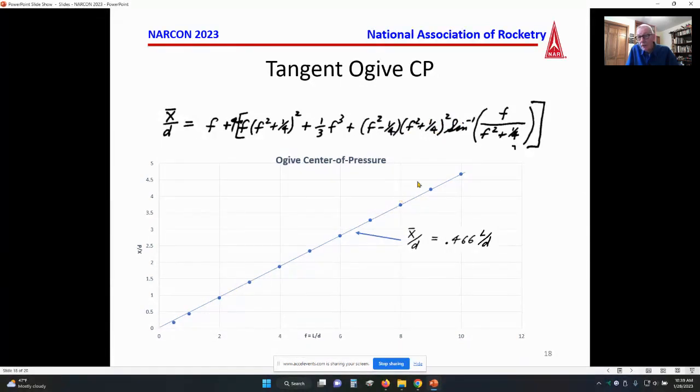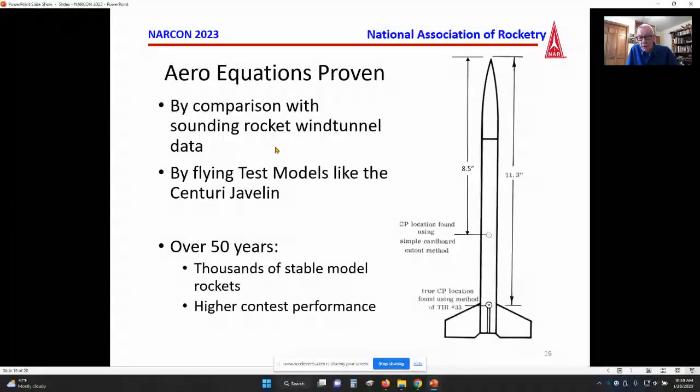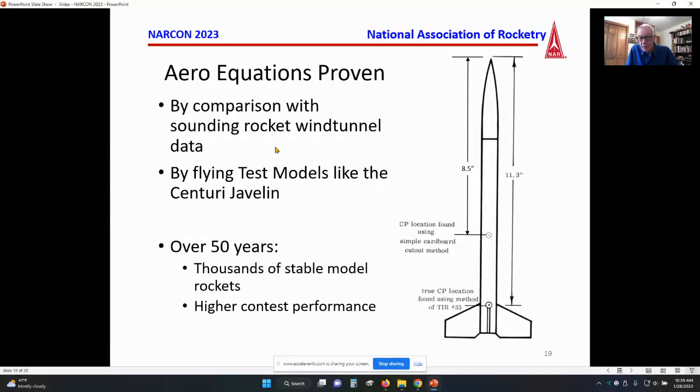So here we are. We have the capability to do it. These aerodynamic equations have been proven. They're not just a figment of imagination. They've been compared with sounding rocket wind tunnel data.